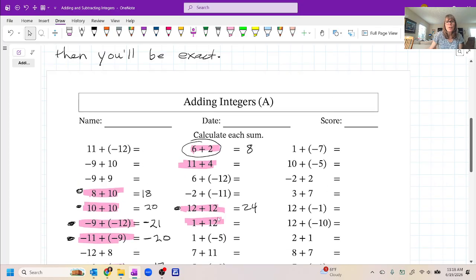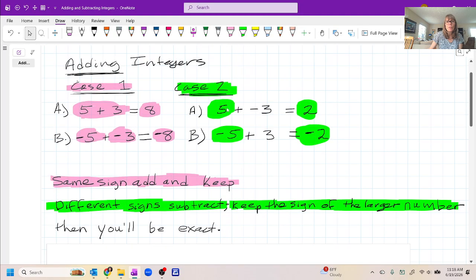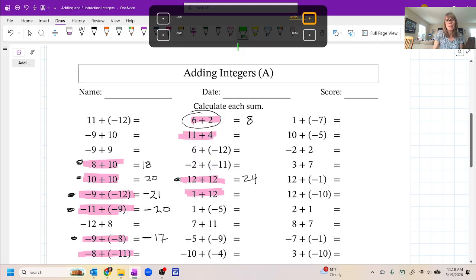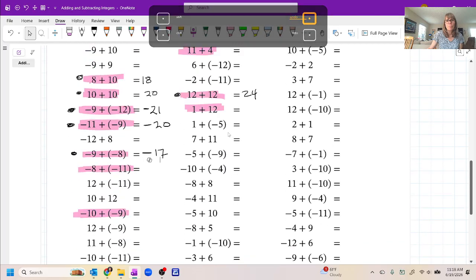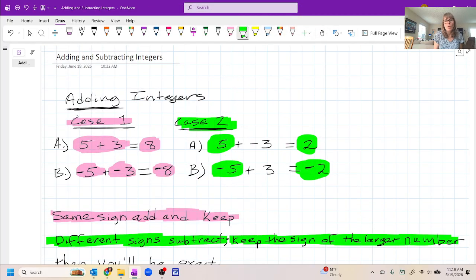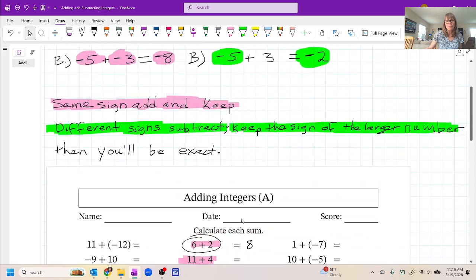Let's take a look at some of the subtracting ones. Well, I shouldn't say that, we're not really doing subtracting yet, but in case number 2, when you're adding integers and you have different signs, then you want to subtract the number parts and then attach the sign of the larger number.